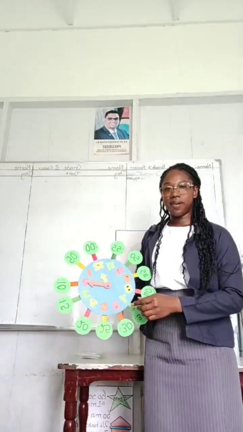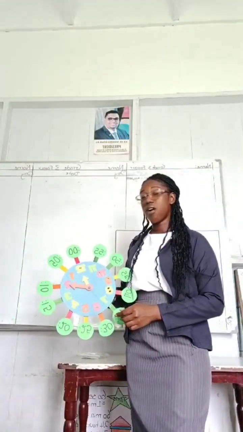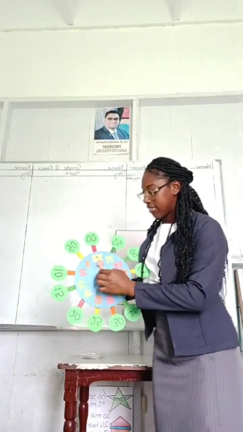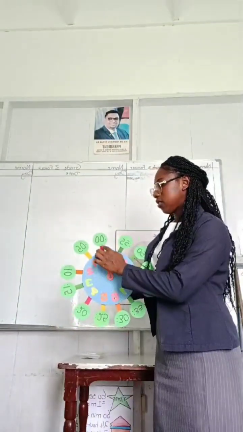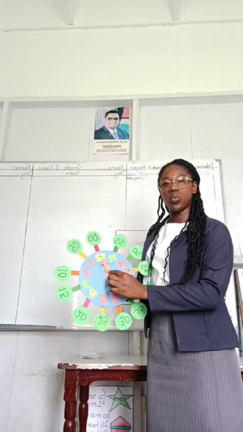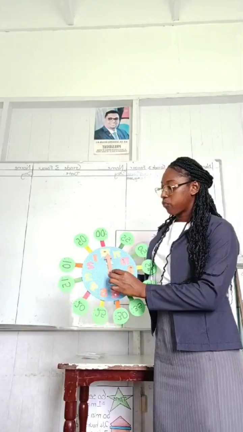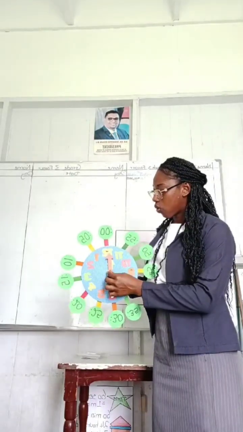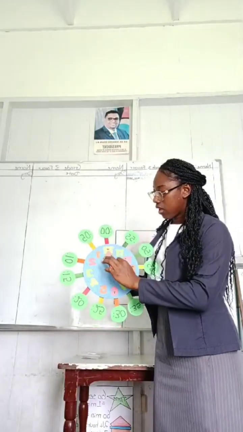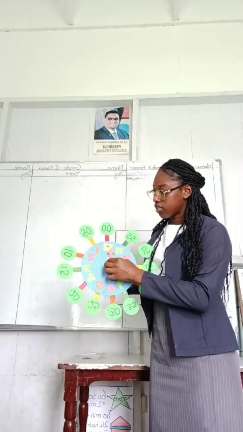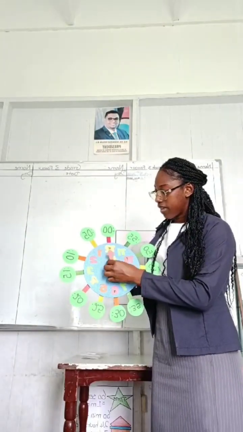Now that we know the parts of a clock, we can go on to learning how to read a clock. When both hands are facing the number 12, we usually say it is 12 o'clock. Whenever the hour hand remains at 12, we call it o'clock.